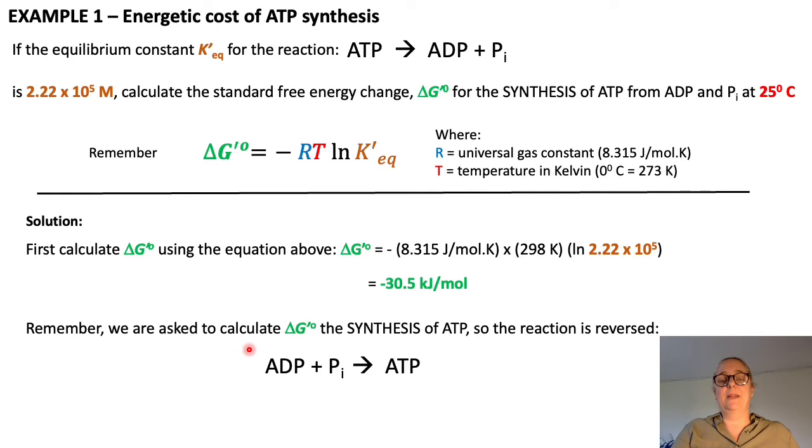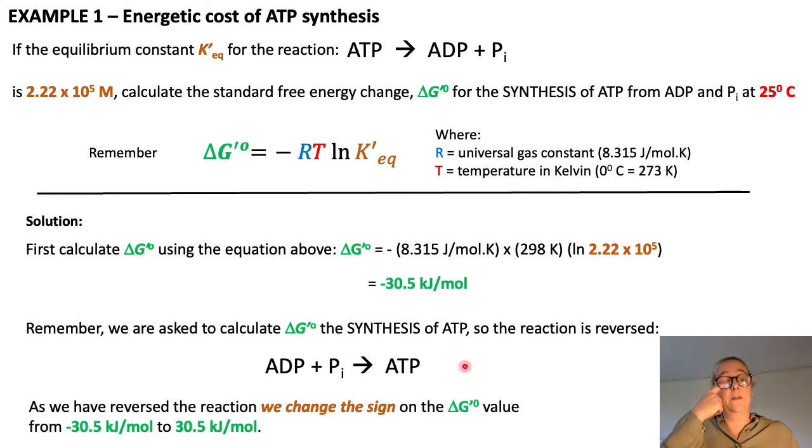And remember, we were asked to calculate the free energy change for the synthesis of ATP, so the reaction is reversed, from ADP plus phosphate to ATP. So if we reverse the reaction, we change the sign of the standard free energy value. So it goes from minus 30.5 kilojoules per mole to 30.5 kilojoules, as a positive figure.